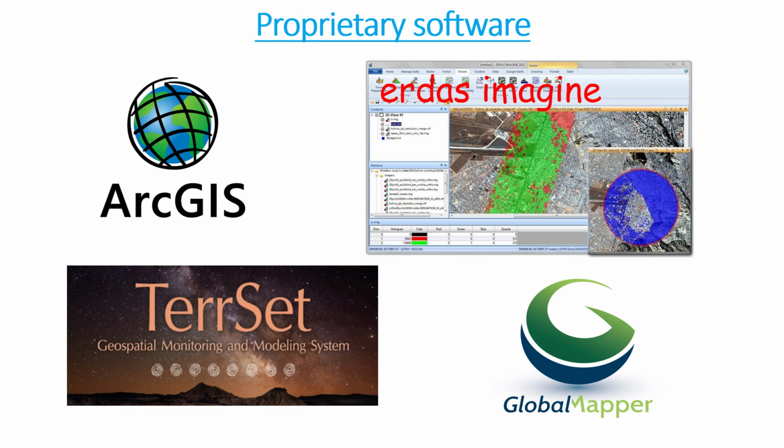closed source code, cannot be modified by users, official technical support, dedicated customer service and training, regular updates provided by the company, high integration, often integrates well with enterprise systems. Examples of proprietary GIS software: ArcGIS, Esri, Erdas Imagine, MapInfo Professional.